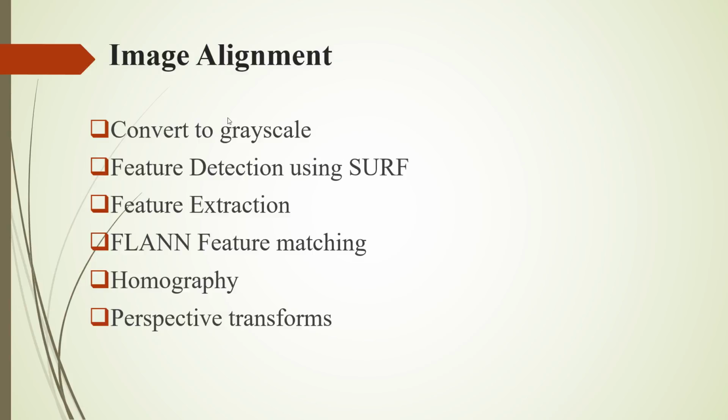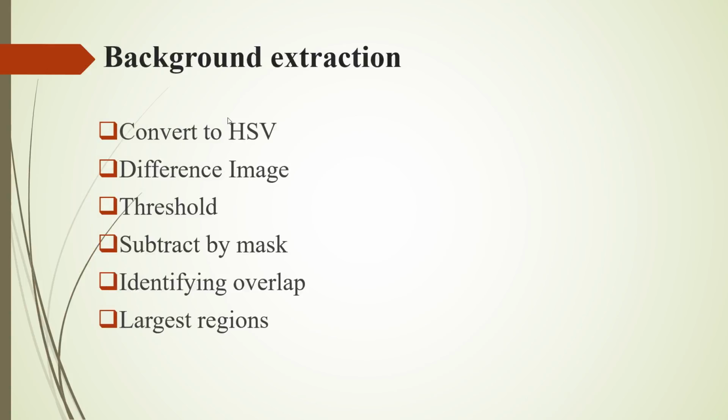This feature matching phase is followed by a homography and then perspective transforms. The image that comes out of this alignment phase is aligned with successive images, which makes it easy for the background extraction and the foreground masking phase.